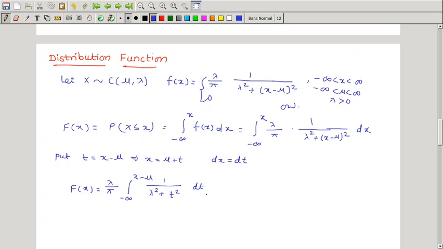And we know that this integration is nothing but lambda by pi into tan inverse of t by lambda.